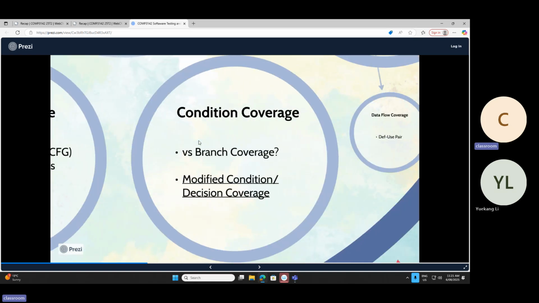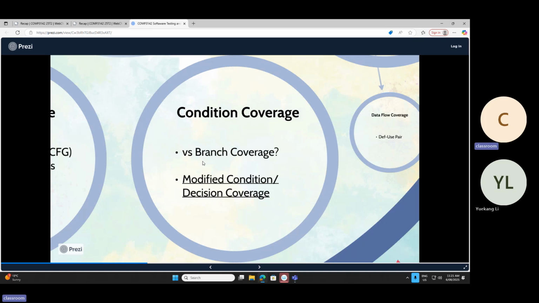And then we also learned condition coverage. Just now we learned that branch is normally related to conditional statements, right? And conditional statements can have conditions inside them. So it seems that condition coverage is very similar to branch coverage, right?